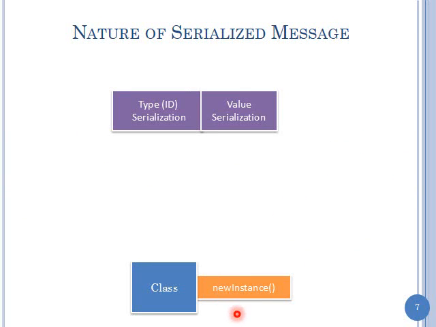I can use class newInstance here, that's something you will need. I just have to pass something that denotes the class name. So the serialization of an object consists of the serialization of its type, followed by a serialization of its value. And the value is composed of the children's types and values and so forth.